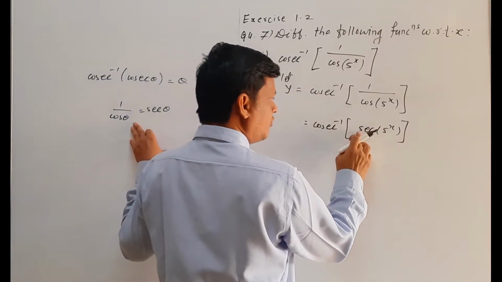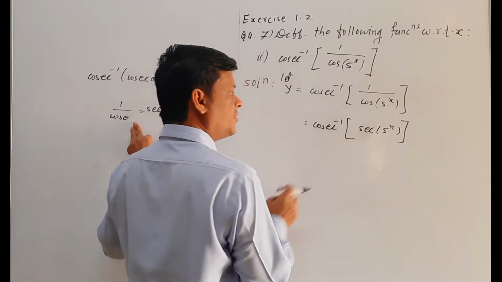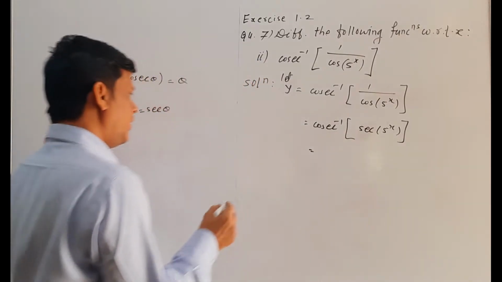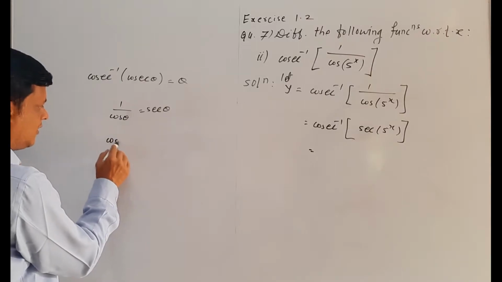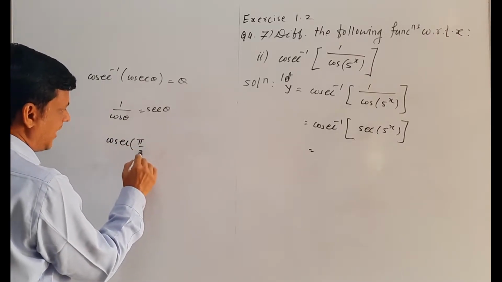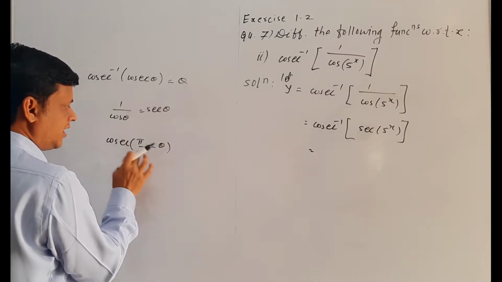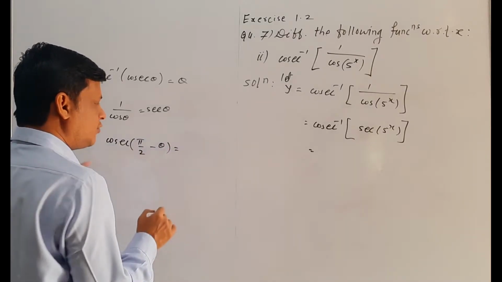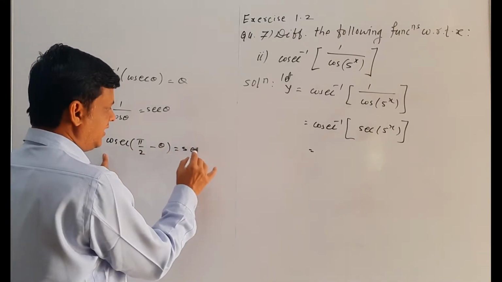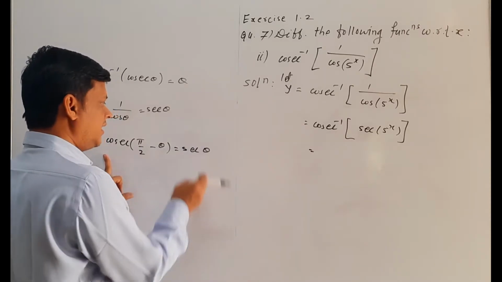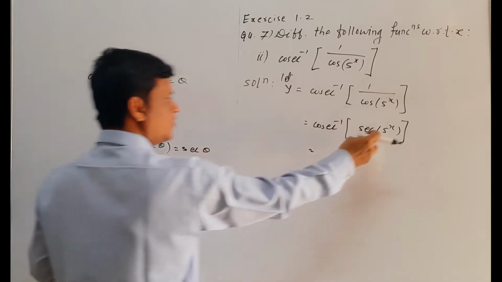Now we have to reduce this sec in terms of cosec. So again we know the formula cosec of pi by 2 minus theta, that is cosec of 90 minus theta, is equal to sec theta. So we write this as sec theta. Here instead of theta we have the value 5 raised to the power x.